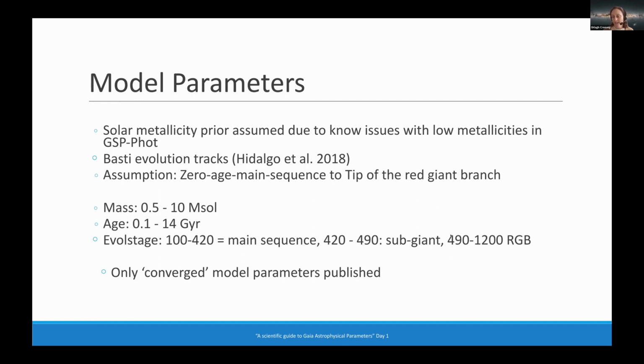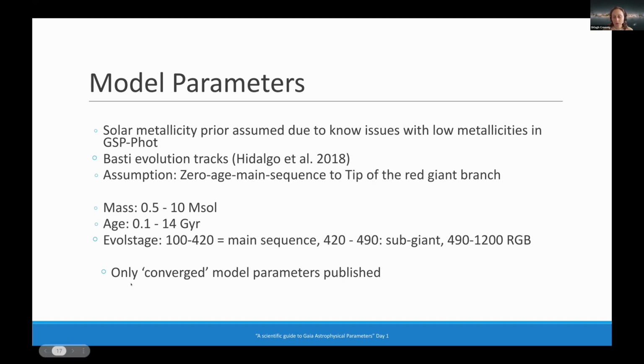If it's between 490 and 1200, it's a red giant branch. Now I think there are a couple of cases where we have a prior, but we may still have some values that are 1600. Well, you should just ignore those values. And the evolution stage is just published as a float value, not within a confidence interval. The masses and the ages are published with a value plus a lower and upper interval.